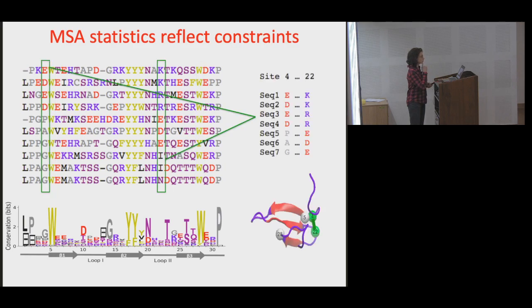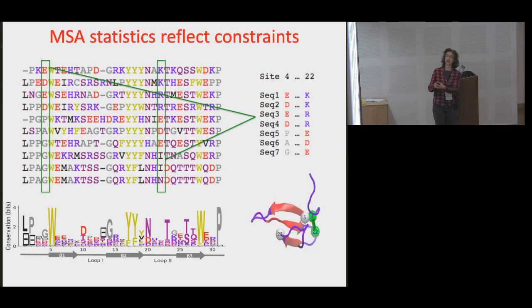But there are also some correlations you can extract from the multi-sequence alignment. For example, between these two sites, here and here, where the amino acids are more variable, you will often find that, here the colors are the types of amino acids, there are amino acids which are charged in a negative way and amino acids which are charged in a positive way.